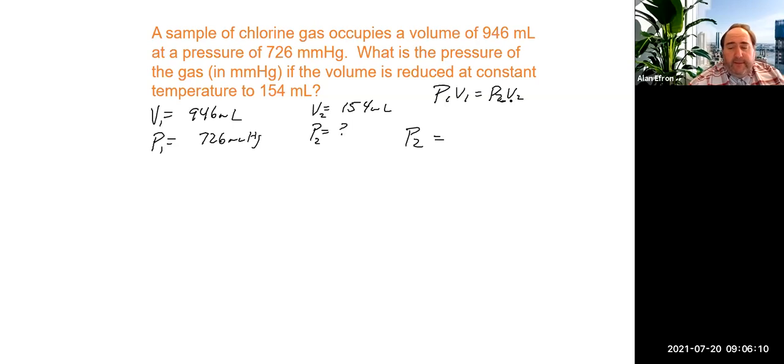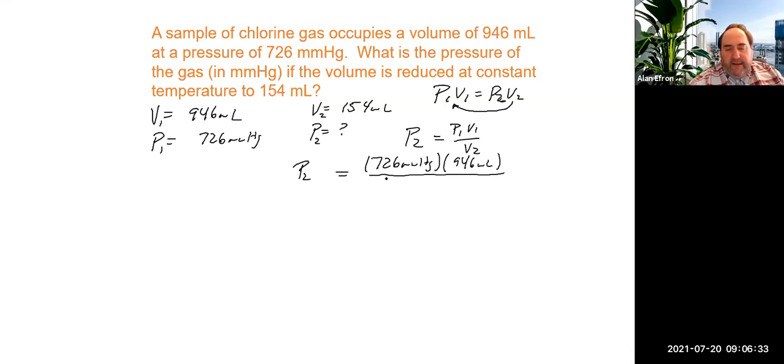So for P2, we're going to divide V2 to the other side. That gives us P1 V1 divided by V2. Putting our numbers in gives us our P1, which is 726 millimeters of mercury, times our V1, which is 946 milliliters, divided by our 154 milliliters. Milliliters will cancel, same unit, so that's all good.